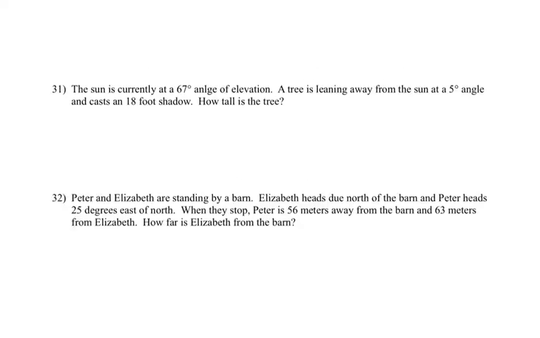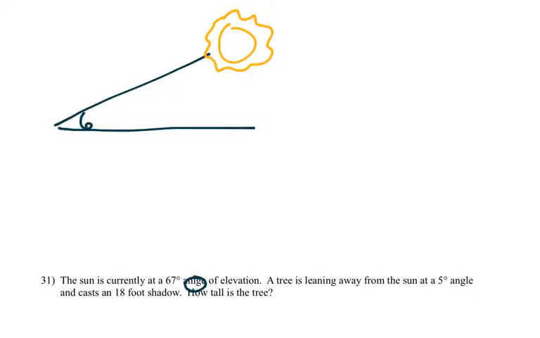Now for this one, I'm going to move this down here so we can draw a picture above. Okay, so it says the sun is currently at a 67 angle, typo, of elevation. So we've got our lovely golden sun here. It's at a 67 degree angle here.